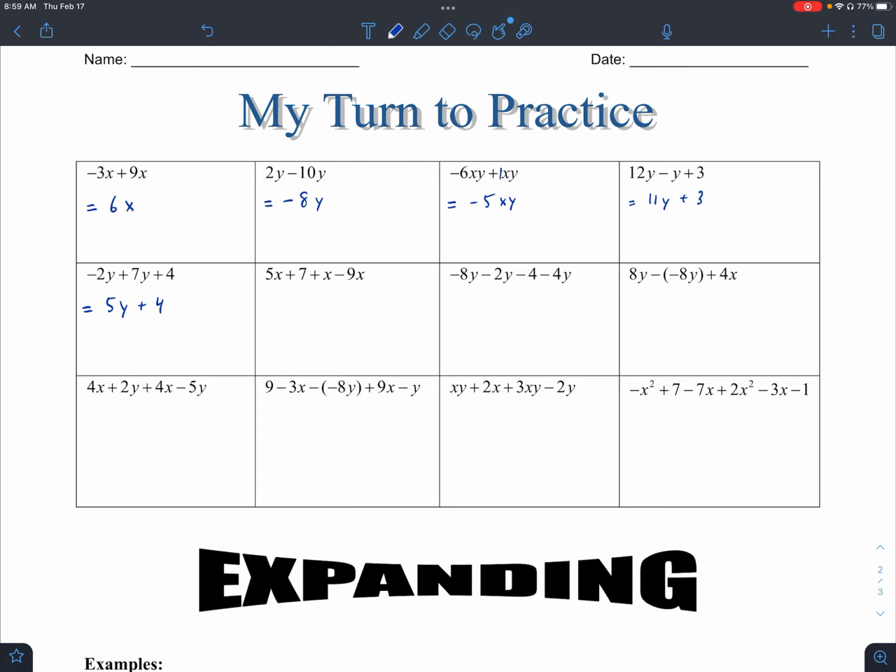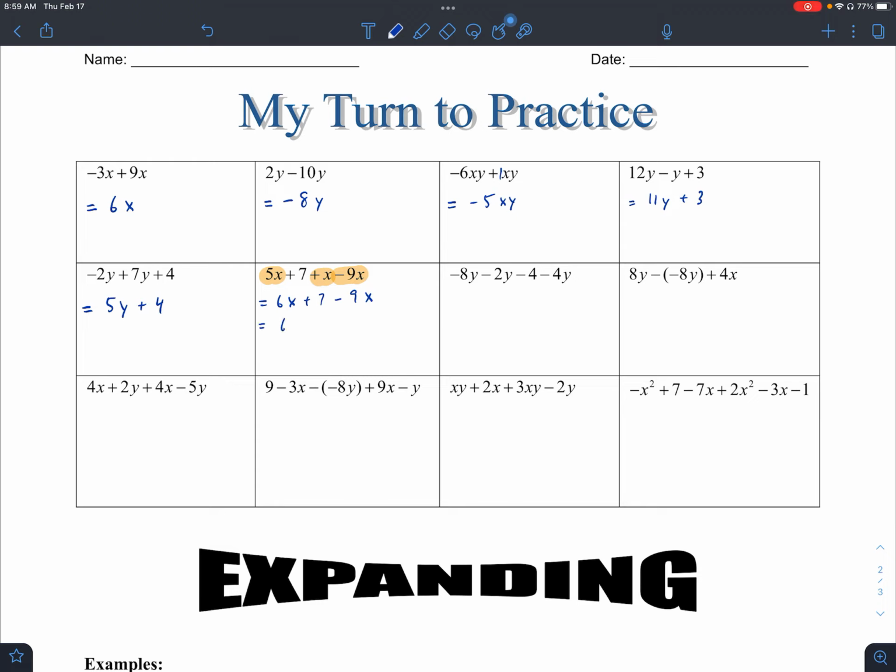5x plus 7 plus x minus 9x. So identify the like terms. 5x, x, and -9x. So 5x plus x is 6x. 6x, so we can do this in steps. So we could do 6x plus 7 minus 9x.